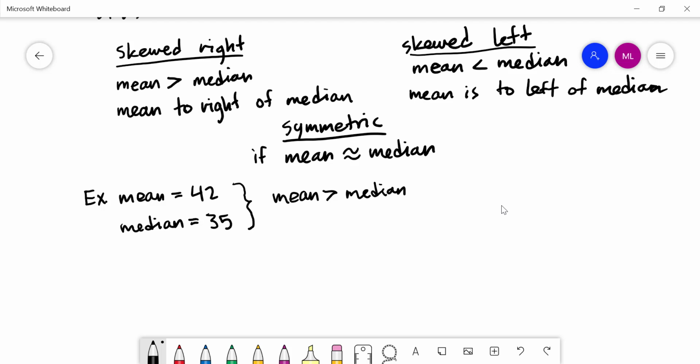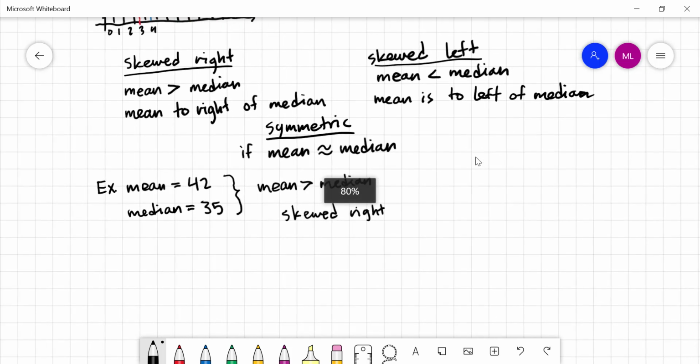The tail, our outliers, should be in the same direction that the mean is. So in this case, this data set is skewed to the right, because the mean is to the right of the median. So just keep that in mind.